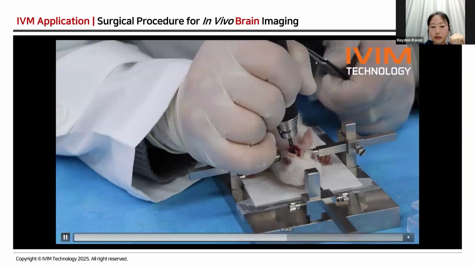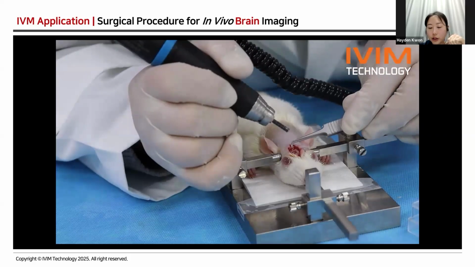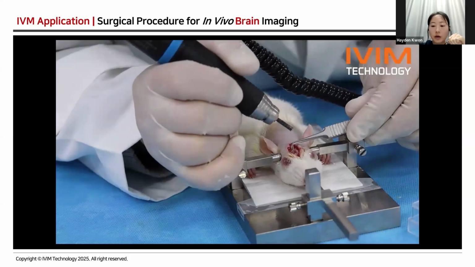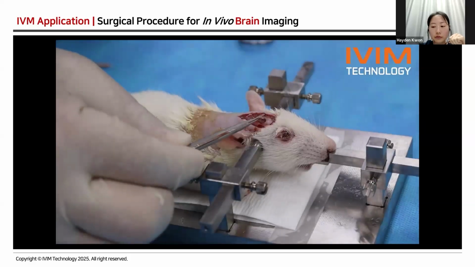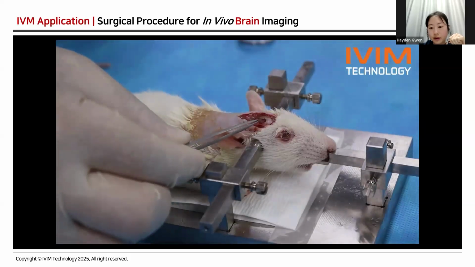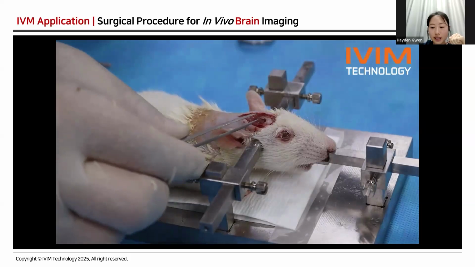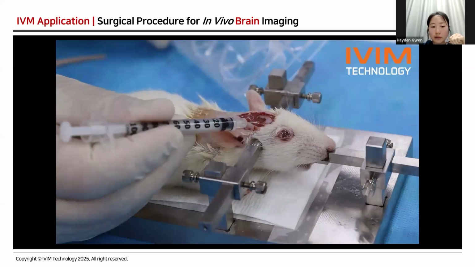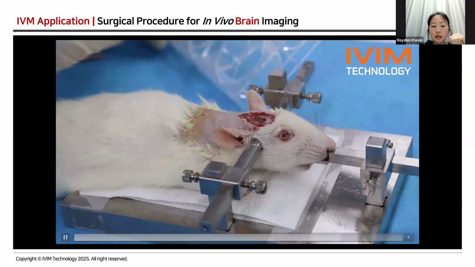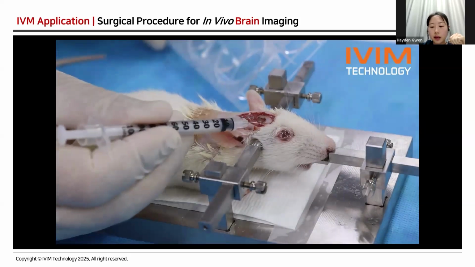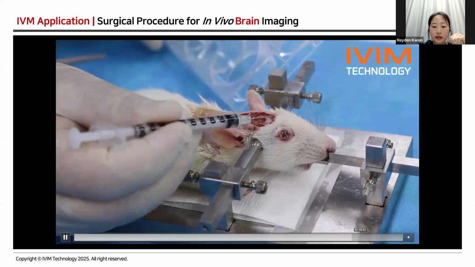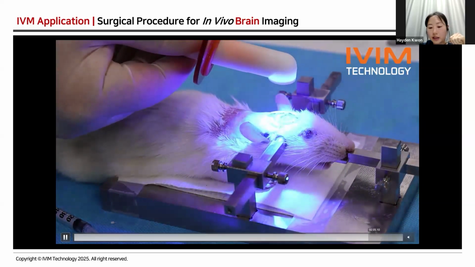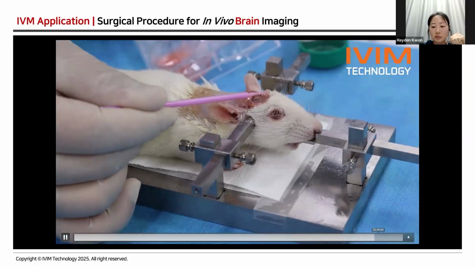Okay. So here, using a drill tip of the desired size, typically 3 to 5 millimeters in diameter, we create an opening and remove the bone fragment. A cover glass of the same size is then placed over the exposed cortex and secured in 3 steps using Loctite, the UV curable bonds, and finally the cement.